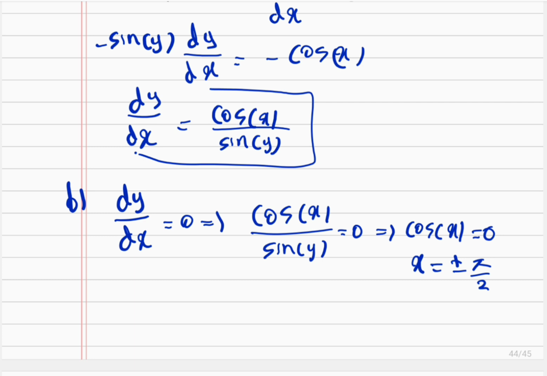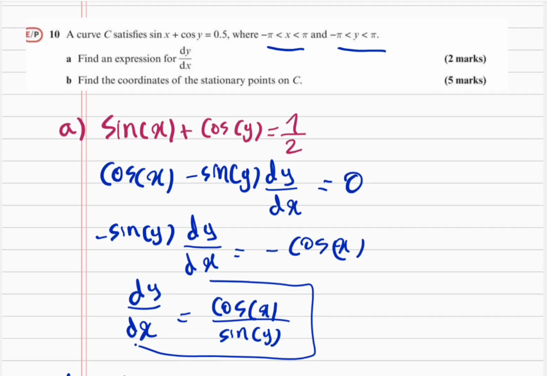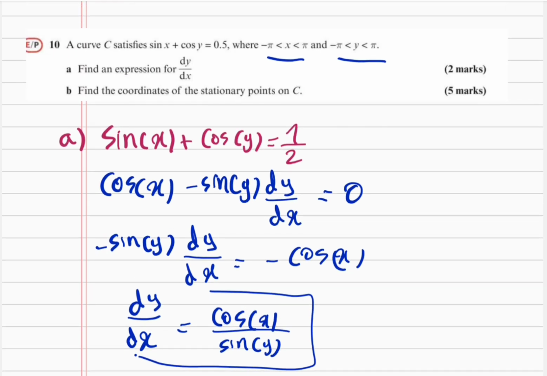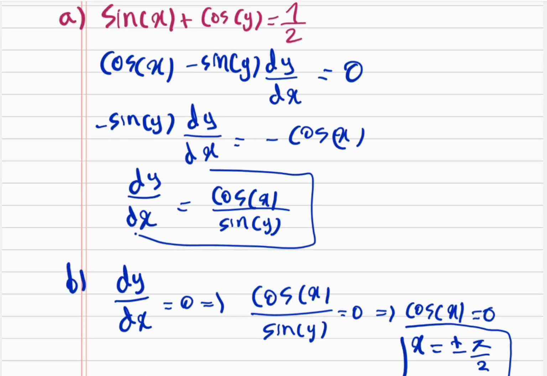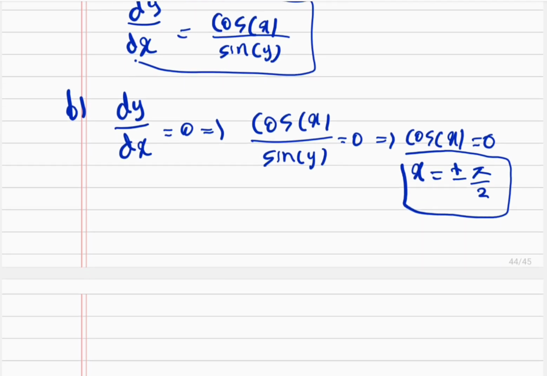Now this means that we have to substitute these x coordinates of the stationary points into the main equation of the curve, which is this. By doing so, we can find the y coordinates of the stationary points. We can first substitute pi over 2 and then minus pi over 2 afterwards.